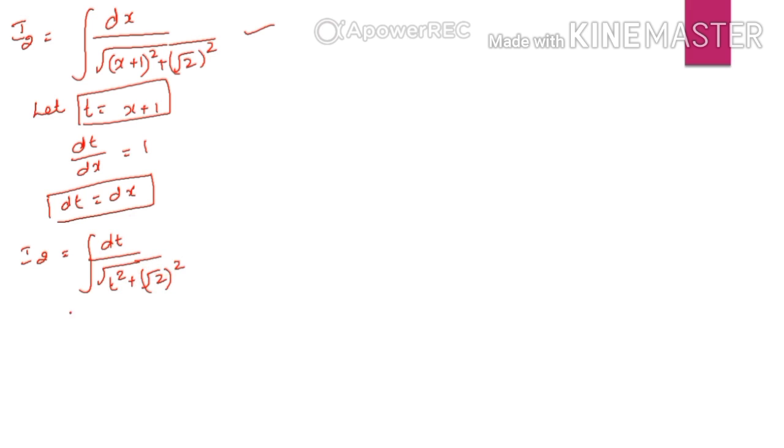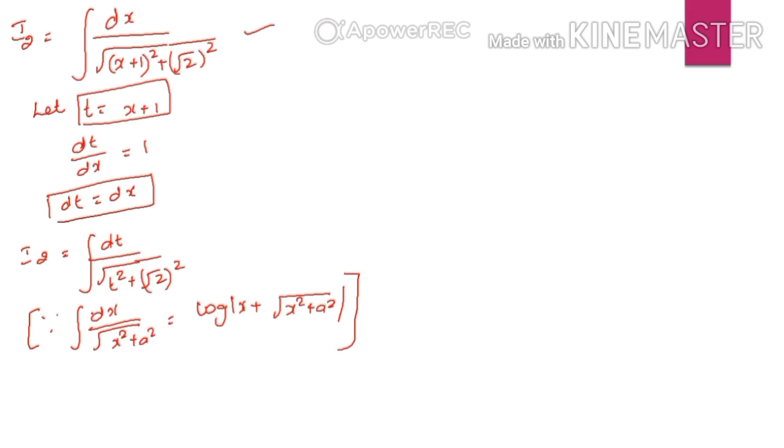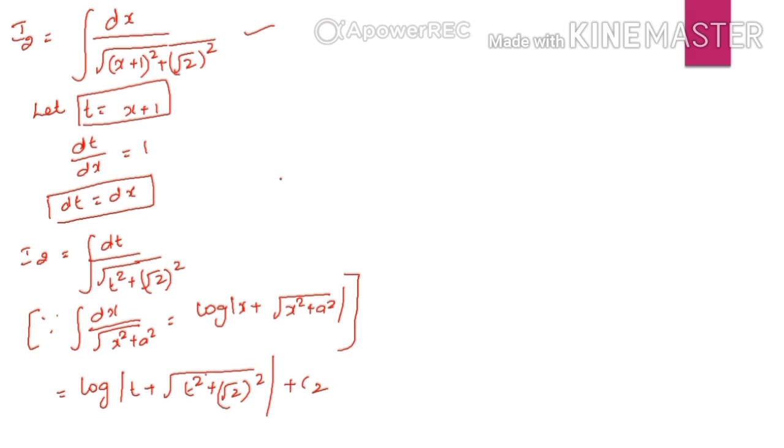So this resembles the integral dx divided by square root of x square plus a square, which is equal to log modulus x plus square root of x square plus a square. So this is equal to log modulus t plus square root of t square plus root 2 square, plus C2.